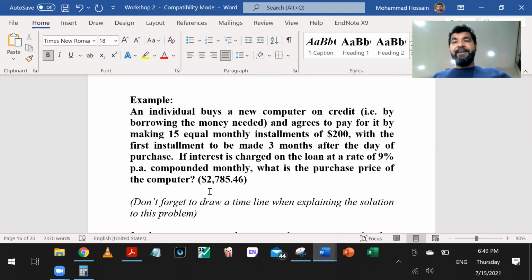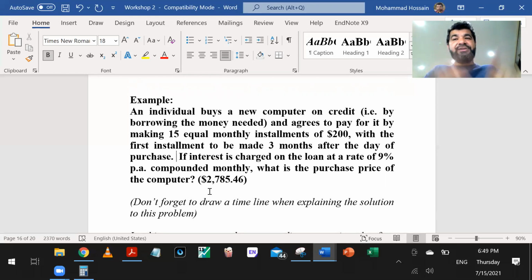If they make the payment in the first month, we need to look at whether it is the beginning of the month or the end of the month. Beginning of the month, annuity due. End of the month, ordinary annuity.